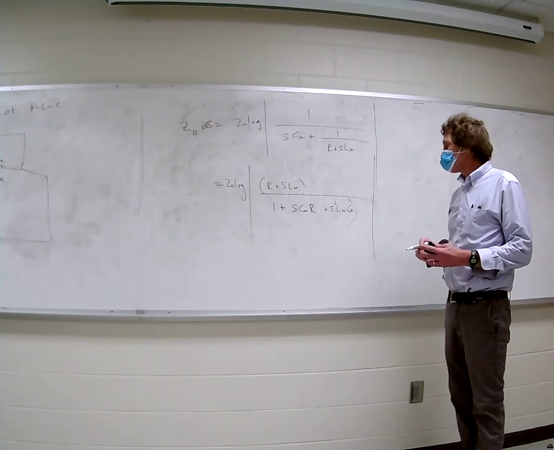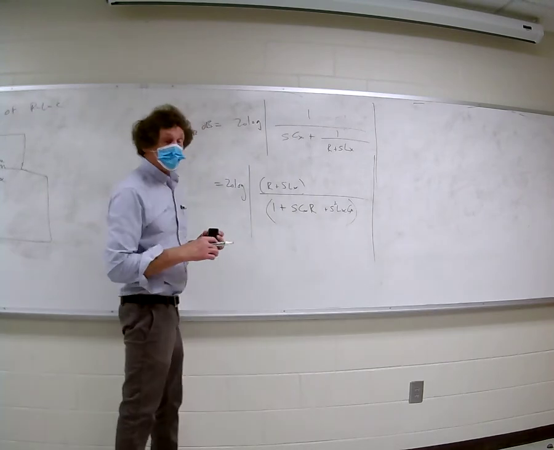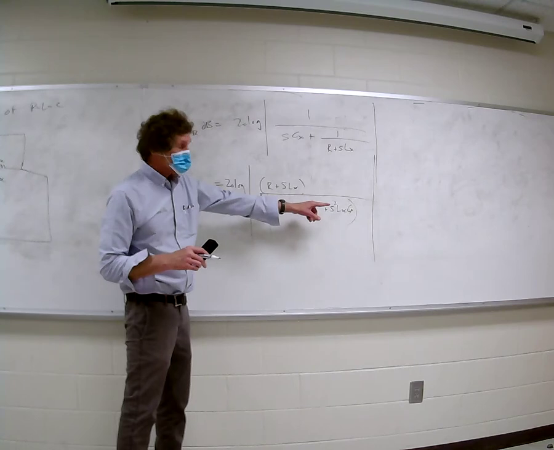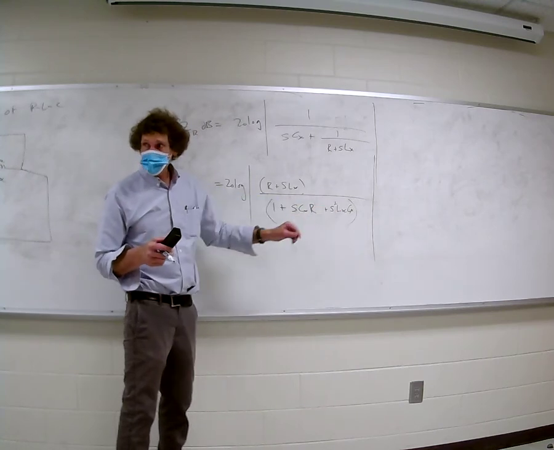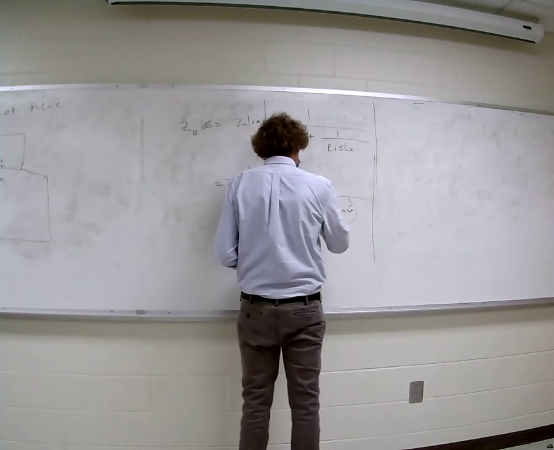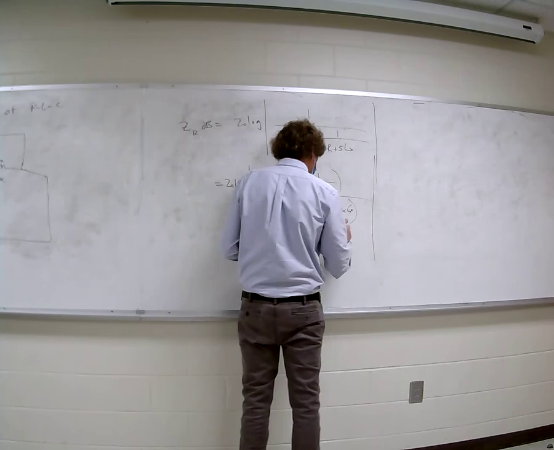Here's a typical thing we do now. We factor out the LXCX, so really the L and the C out of the lower one, all right? So if we do that, we're going to get 1 over LXCX here. That goes away.